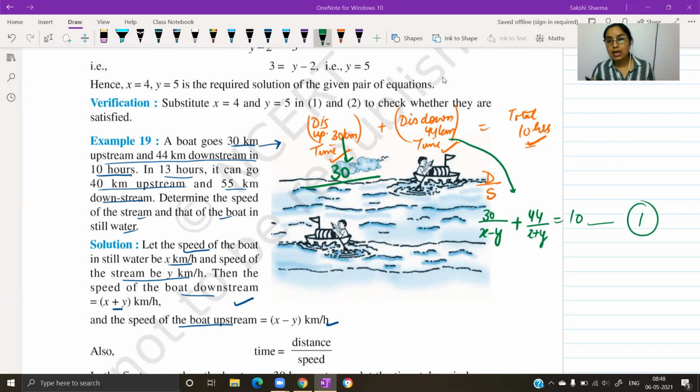Now this has become equations like the last two parts we did, 7th and 8th. Equations like the last two parts of the first question will be formed.